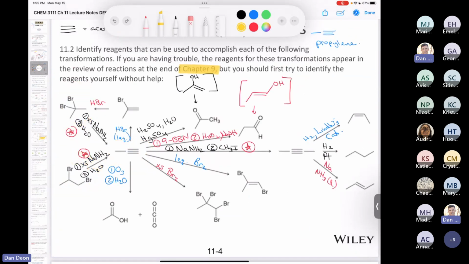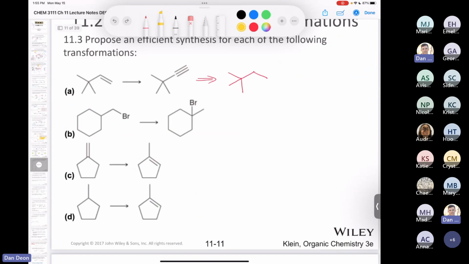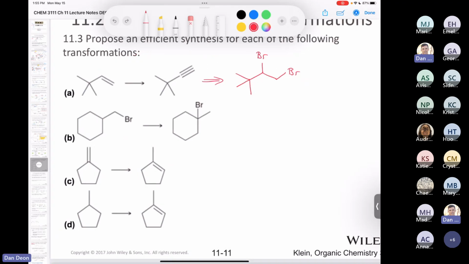So that means it's got to come from a dihalide. It's got to come from this compound. It's the only possibility, my friends. And so how do I convert this alkene to this dihalide? Anybody? What would my reaction conditions be?